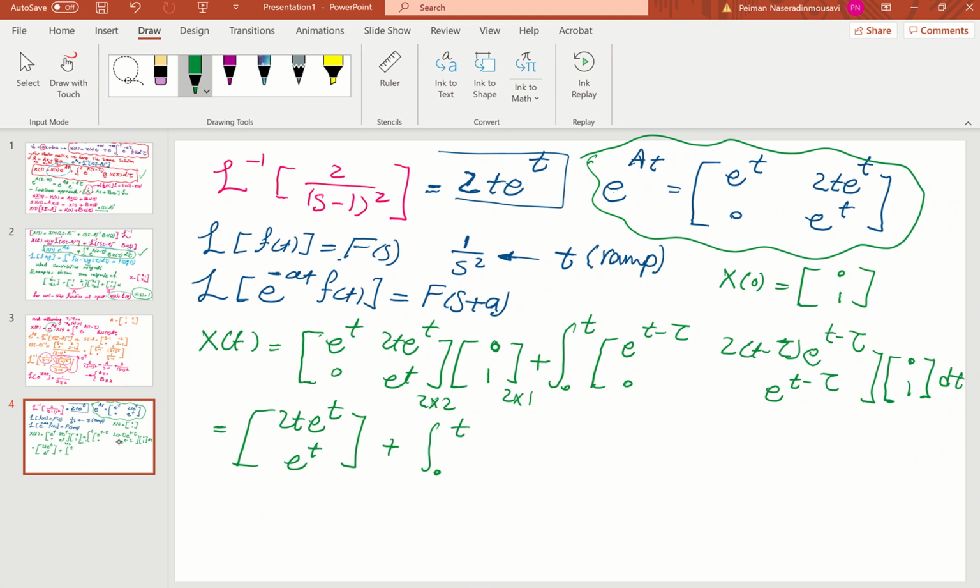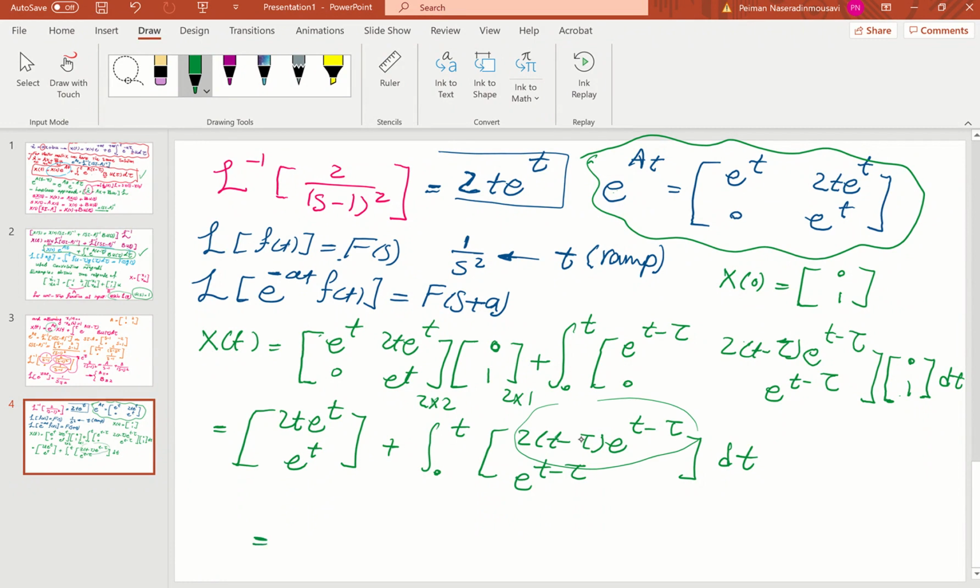For this part, it's going to be 2 t minus tau e to the t minus tau, and this multiplied by this is e to the t minus tau, d tau. Clear? If you do this integration, especially by parts, I'm skipping that because it's time consuming. You can do it at home.